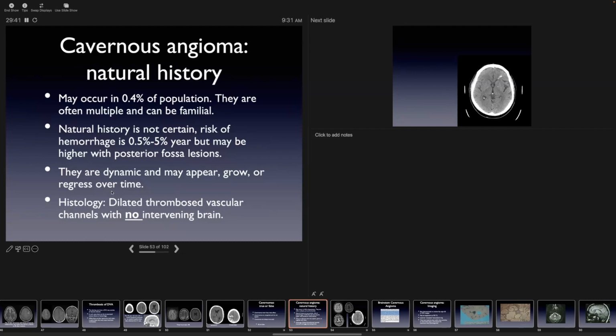So the brainstem ones are more often symptomatic and go to surgery in a more expedient way than, say, a cavernoma that you identify in the frontal lobe that's never hemorrhaged and is not really associated with any symptoms. The important piece of information you need to understand about cavernomas, which will help you to understand how these get operated on, is that these are dilated vascular channels with no intervening brain.